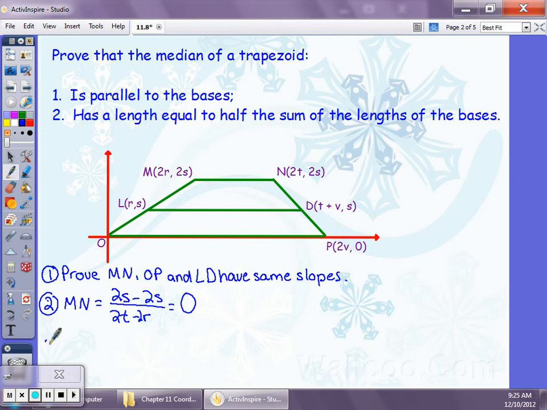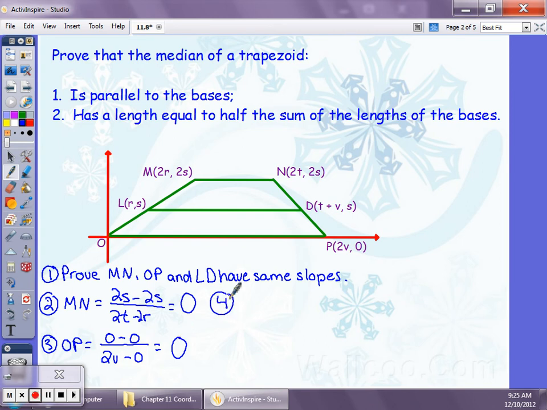Now we're going to go ahead and find the slope of the second base, which is OP. So OP is going to have a slope of 0 minus 0 over 2V minus 0. So again, 0 minus 0 is 0, and 0 over anything is 0. Our fourth step is now we're going to find the slope of the median.